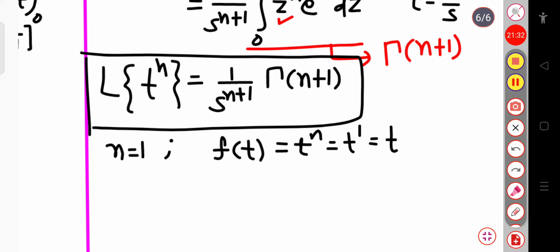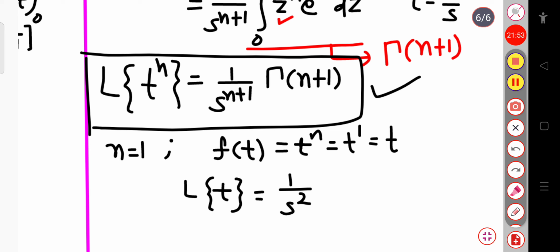So for the Laplace transform of this, we don't need to calculate all of this, the integration and so on. Simply, the Laplace transform of t is equal to 1 by s power (1 plus 1), that is s squared, into the gamma function of 1 plus 1, that is gamma of 2. Let me write gamma of 1 plus 1 so that it will be easy to calculate.